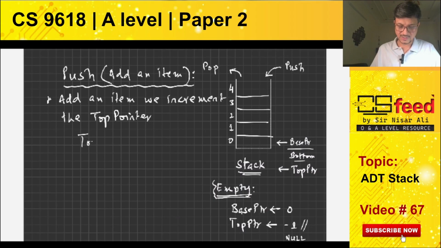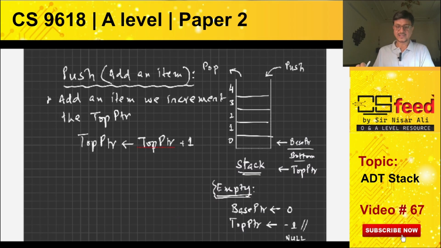So the top pointer increment means top pointer, we can write top PTR or top pointer as I write. So top pointer is top pointer plus 1. So we are adding an item, we are actually incrementing the top pointer. If the stack is empty and a value is added, the top pointer is going to be +1.